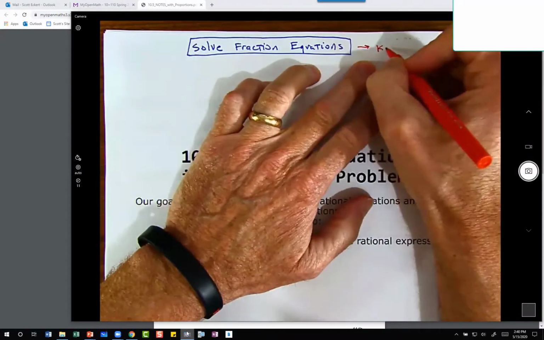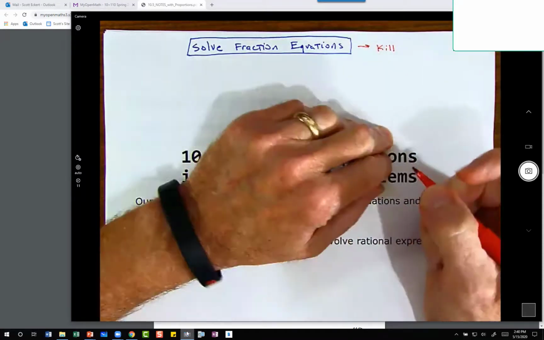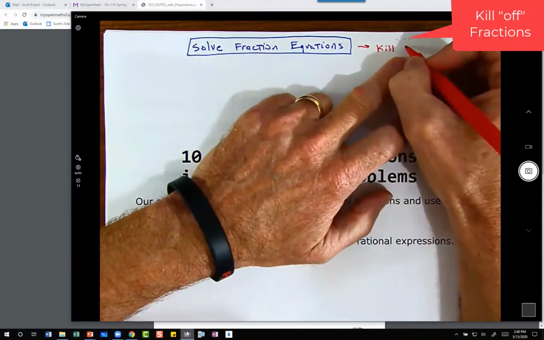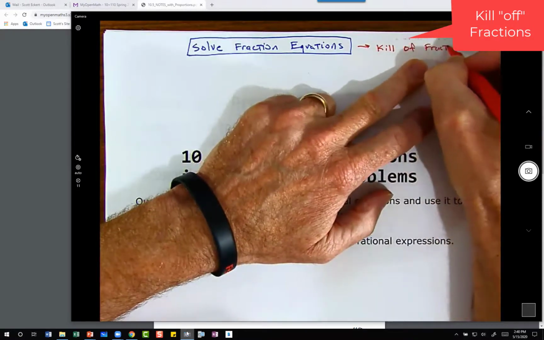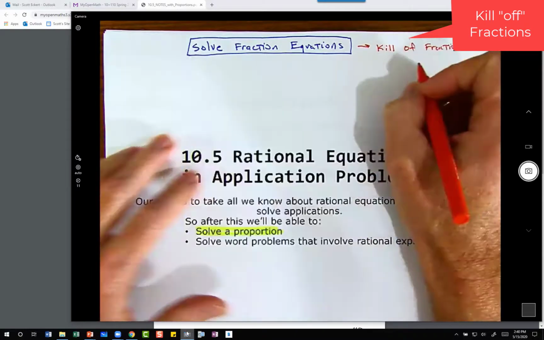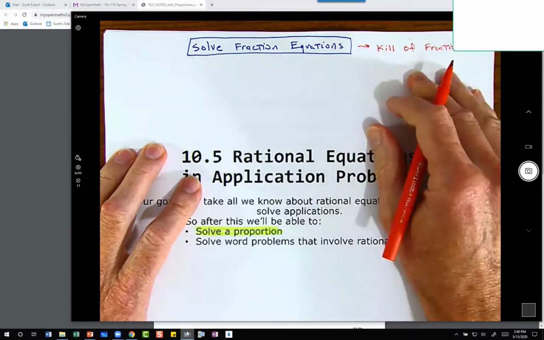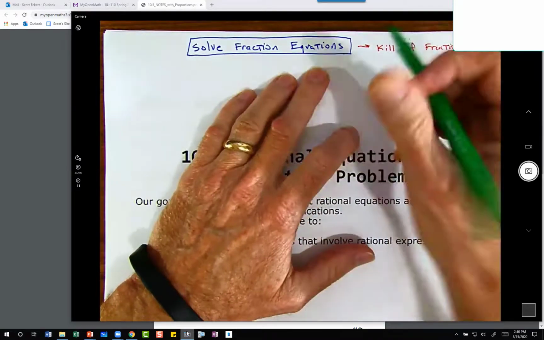I'm just being very violent with the words here to kind of emphasize. We want to kill off the fractions, because it makes the equation easier. That's going to be our strategy on all of the equations that we solve, provided that we're solving by algebra.